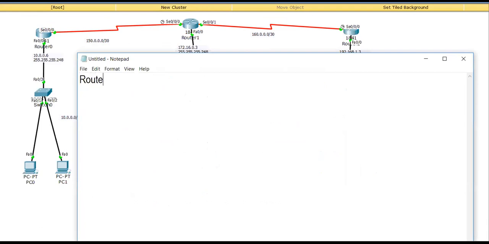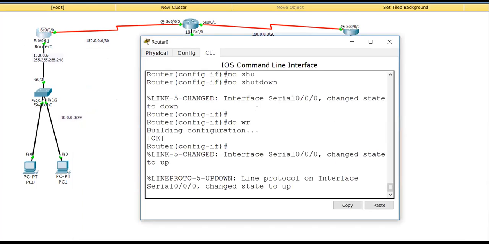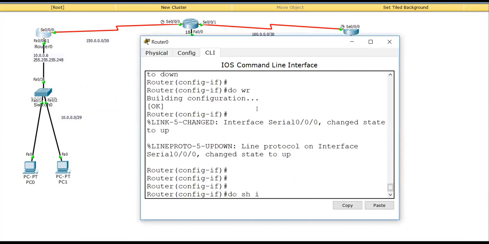So in EIGRP, the syntax is router eigrp, any AS number up to 65535, any number you can use, then network, the directly connected network ID, wildcard mask, and no auto-summary. So now here, if we check on router number 1, do show ip route.